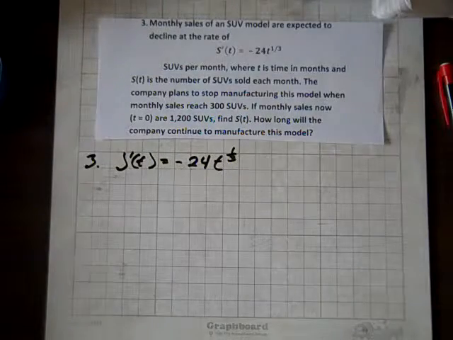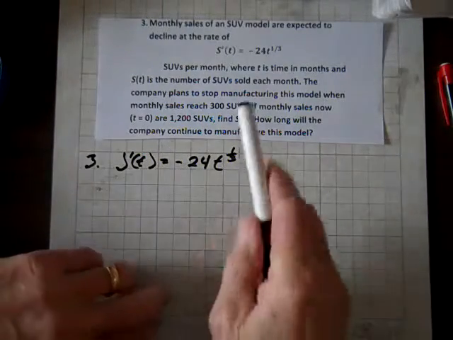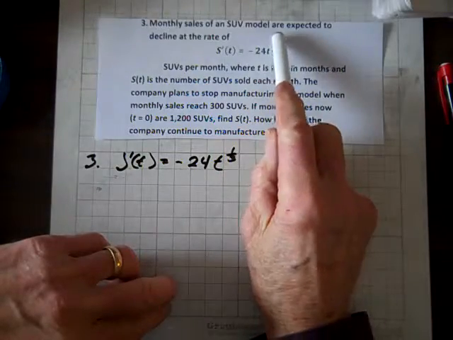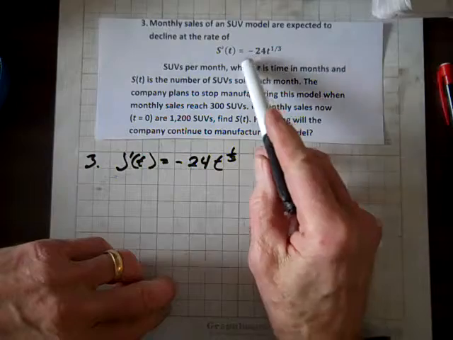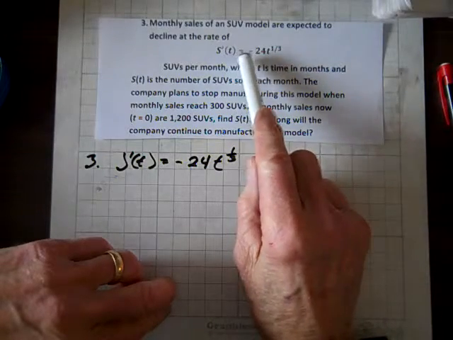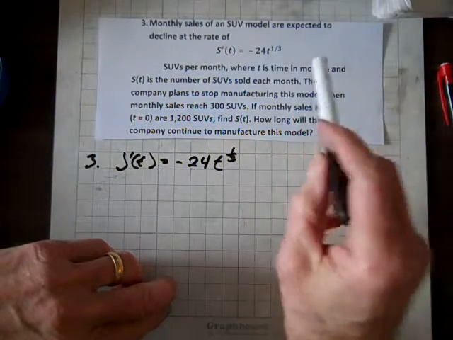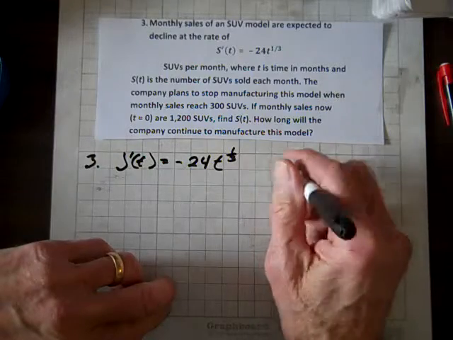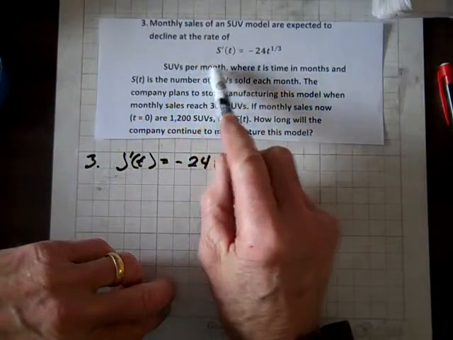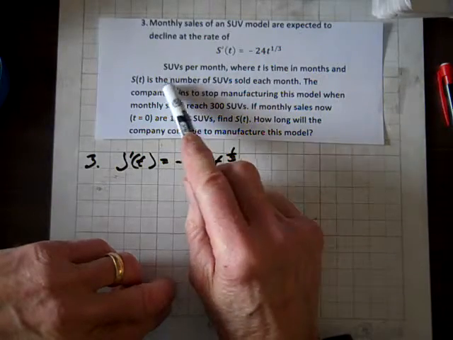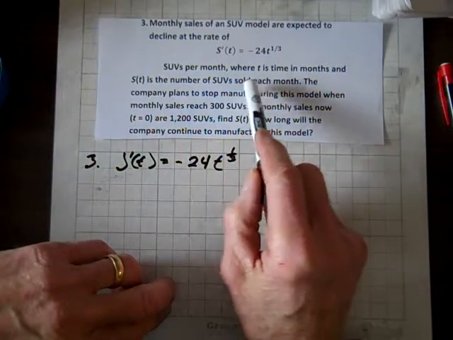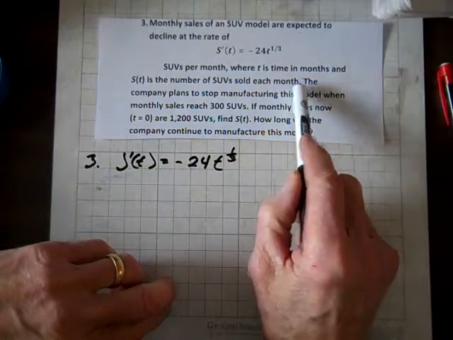Okay, here we have question 3, and it says the monthly sales of an SUV model are expected to decline at the rate of s prime of t equals negative 24 t to the 1/3 SUVs per month, where t is time in months, and s of t is the number of SUVs sold each month.